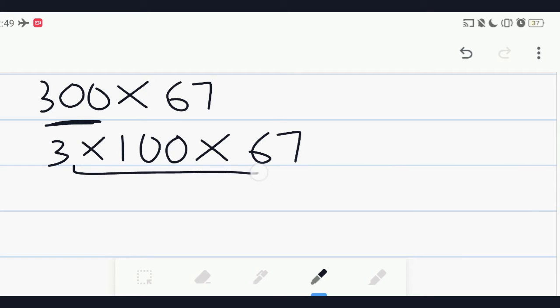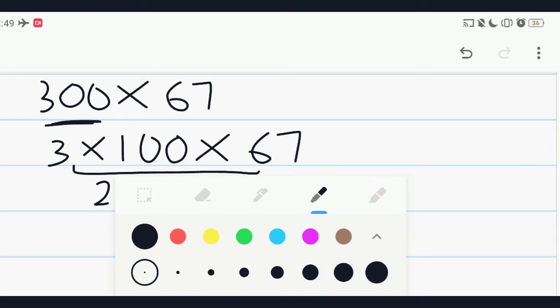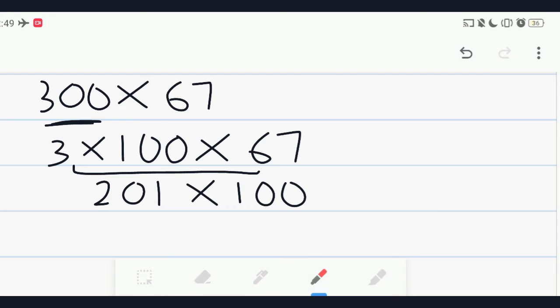Then we will use this one first, so we find 3 times 67, which is 201, times 100. Why? Because we haven't processed the 100, so we have to rewrite it. Then after this, you can find the answer.